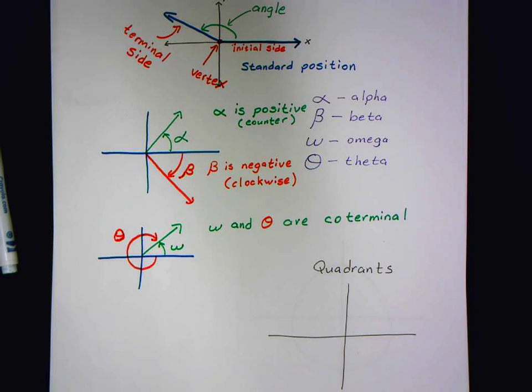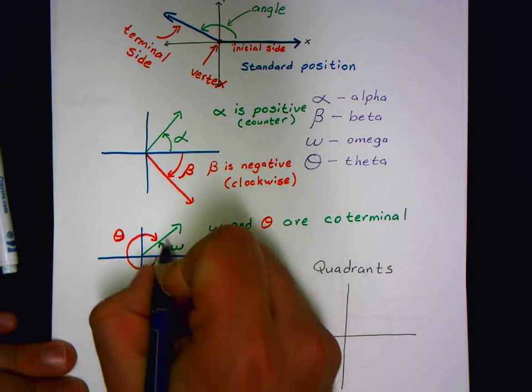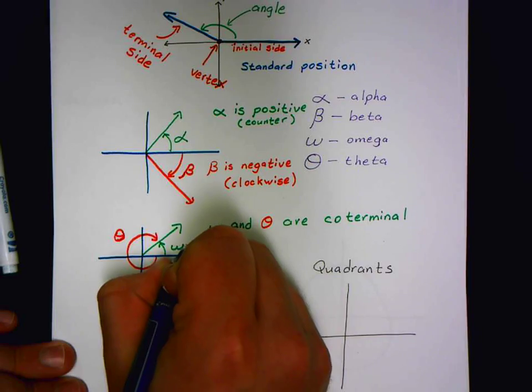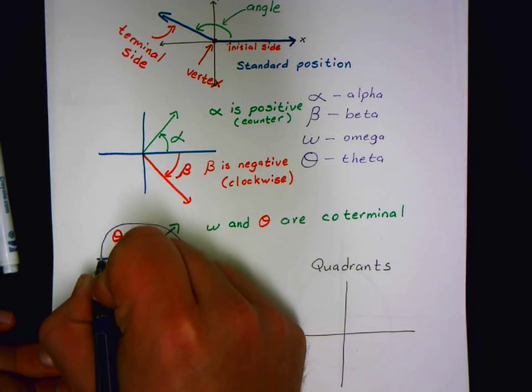If we have angles end at the same spot, those are called coterminal angles because they have the same terminal side. Now, any angle actually has infinitely many coterminals because I can actually take this and I could go like this. See if I can do this without messing up my picture too much.